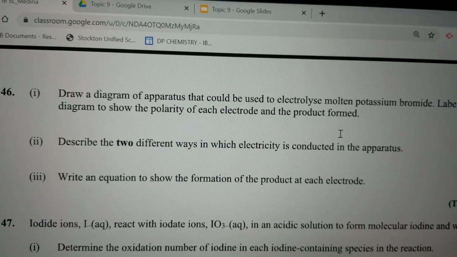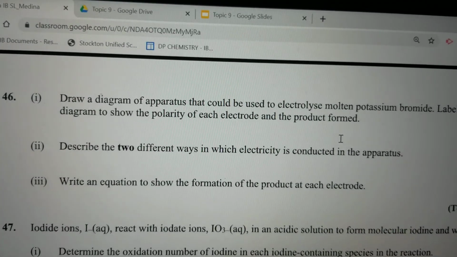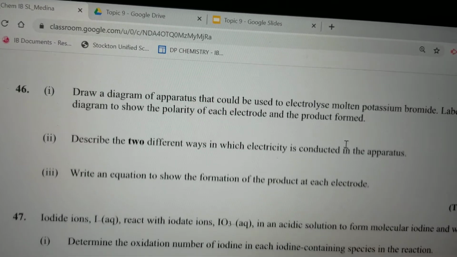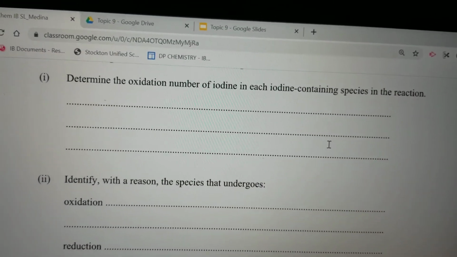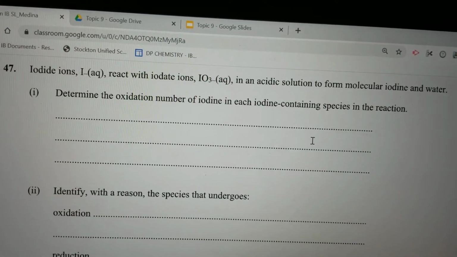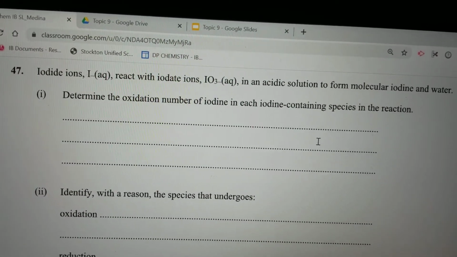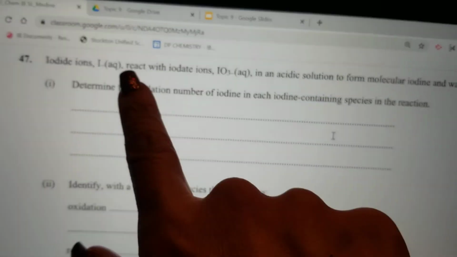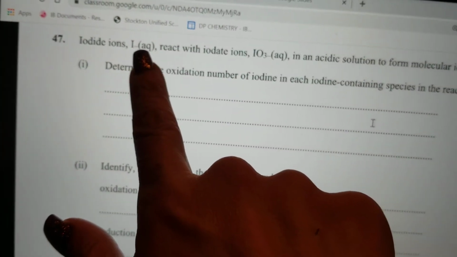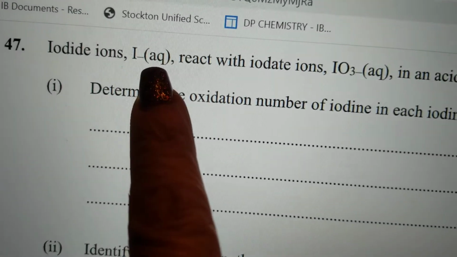Okay, I've already addressed the rest of 46. Then you also wanted to know about 47. 47 talks about iodide, I with a negative charge. Again, let's make sure that we understand that that's a -1 charge.